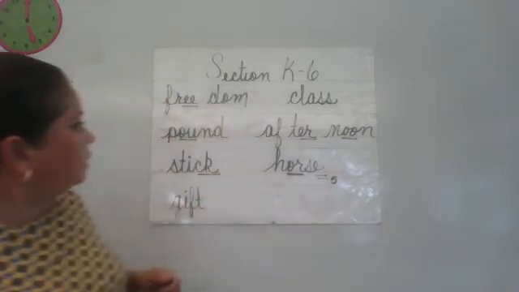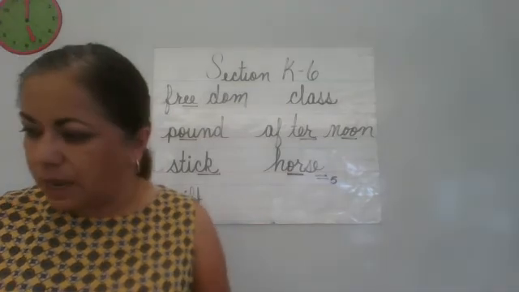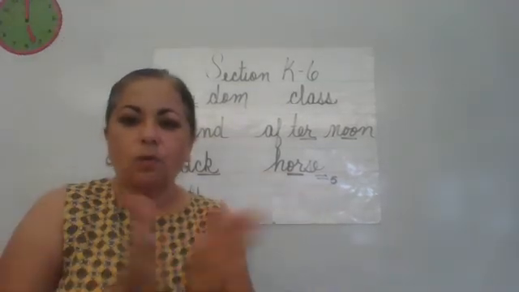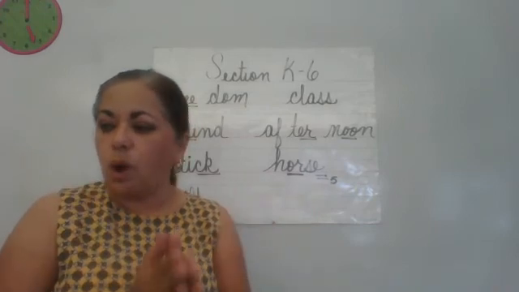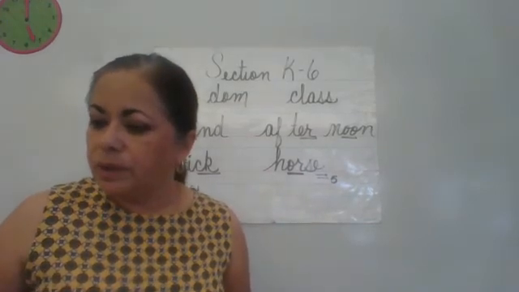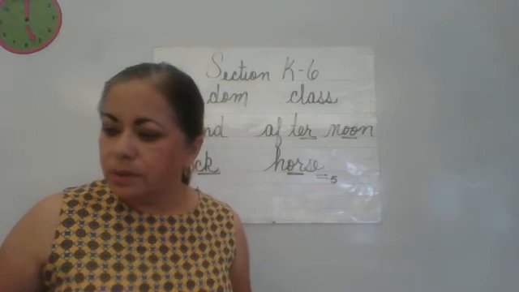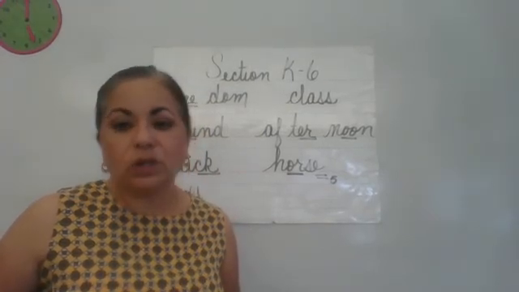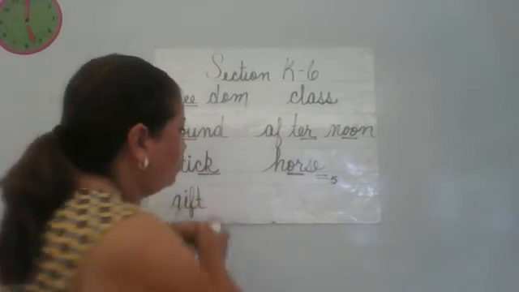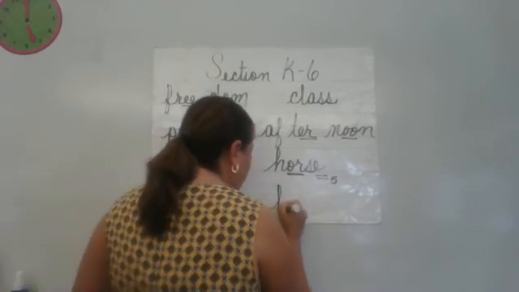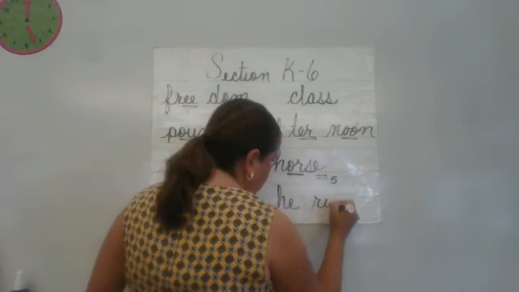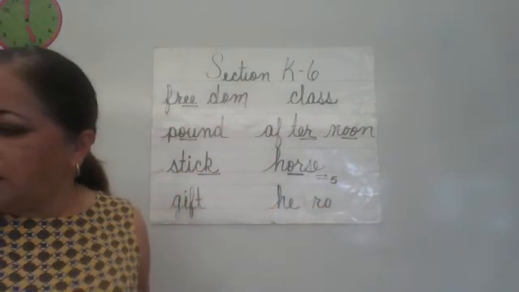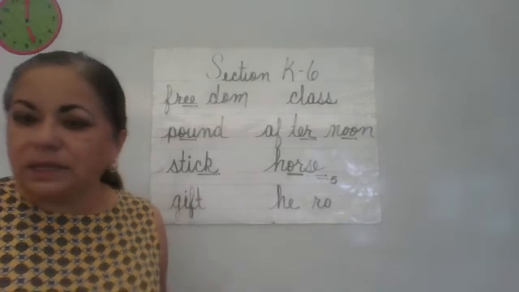All right. And the last word I'm going to give you today is hero. Hero. Hero. Being a hero is about the shortest lived profession on earth. Hero. Okay. So the E is saying a second sound.